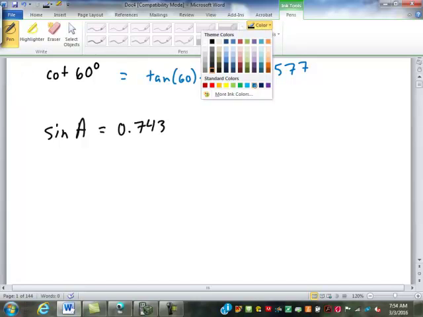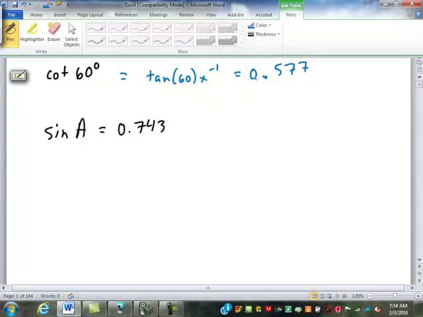Well, this is where that sine negative 1 key comes in, that second function. There's 3 commands that mean exactly the same thing. There's something called an arc sine. There's something called an inverse sine, or sine negative 1. They all mean the same thing.